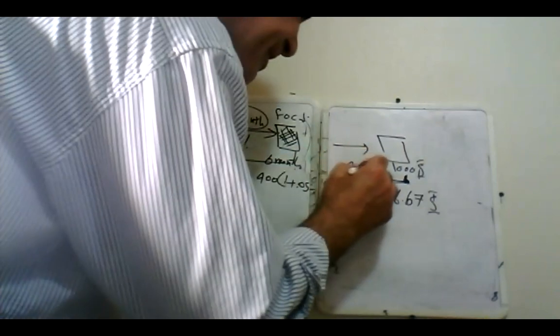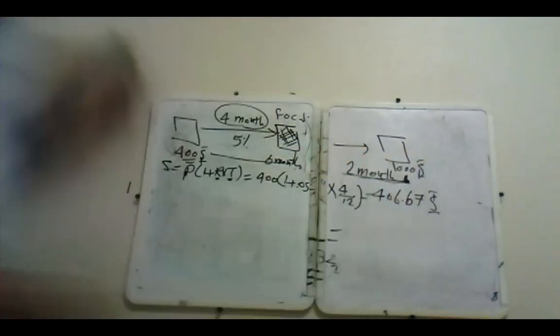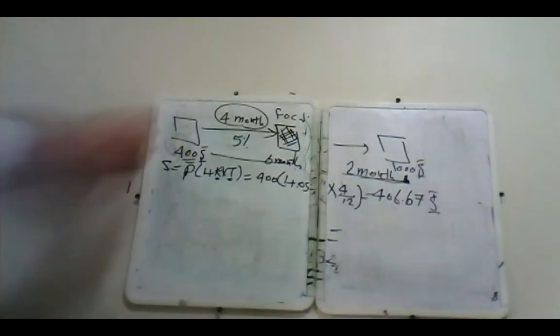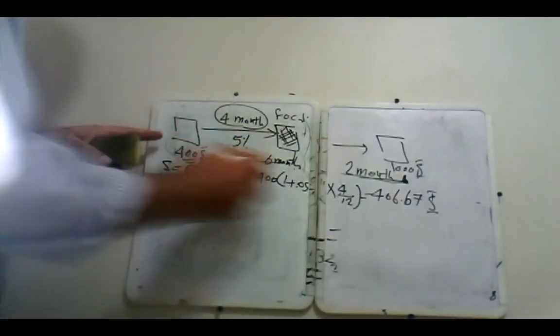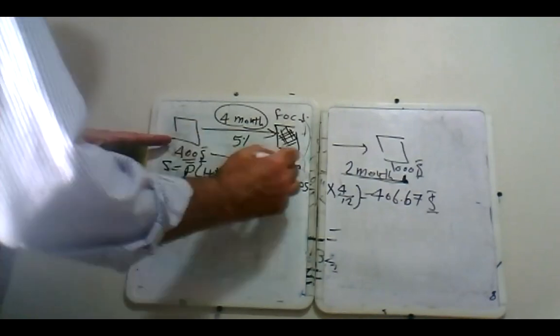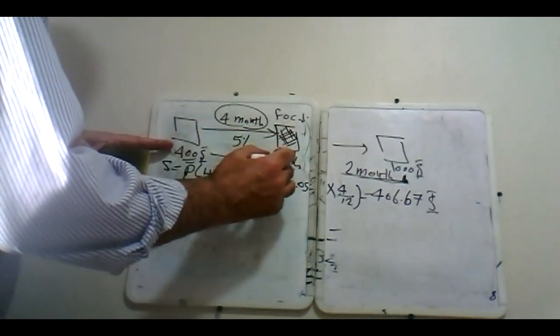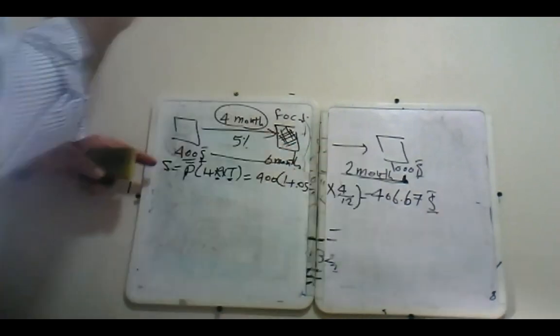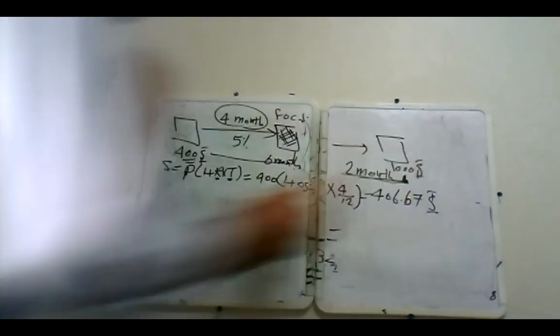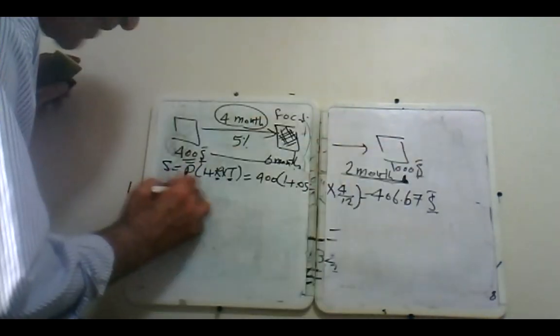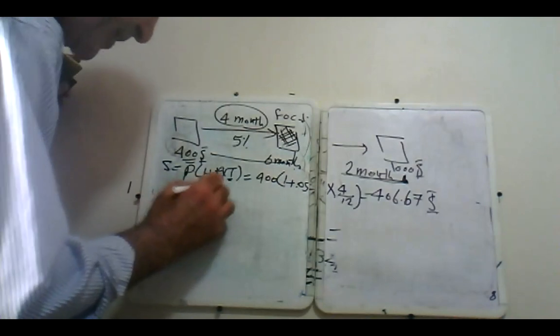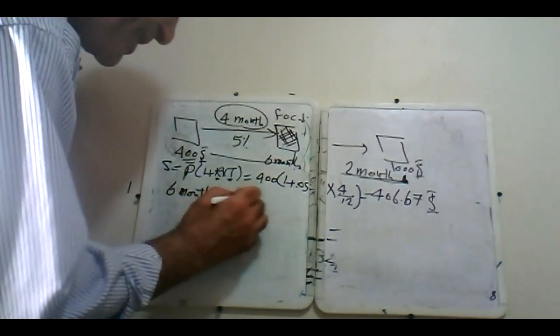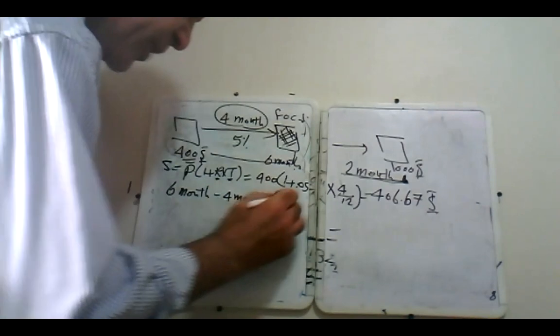Only 2 months. How did I calculate it? Because all this is 6 months, and the first amount is 4 months, so the second amount will be the total 6 months minus 4 months, which equals 2 months.